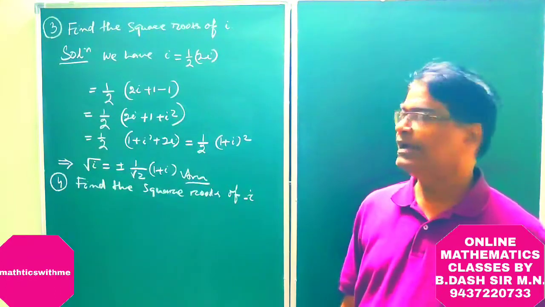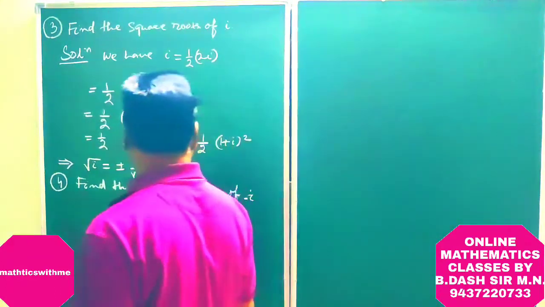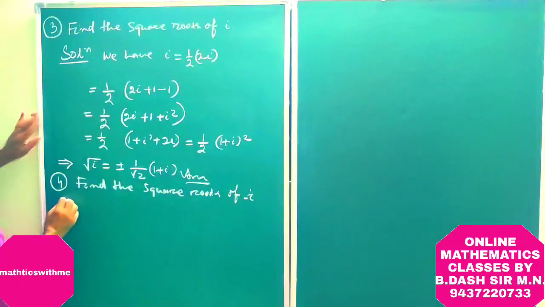Our next question is: find the square root of −i. Now the solution.